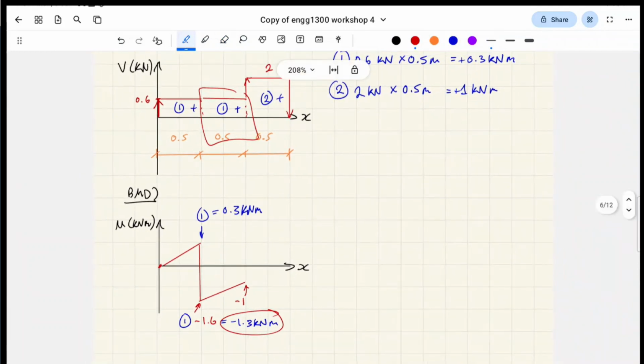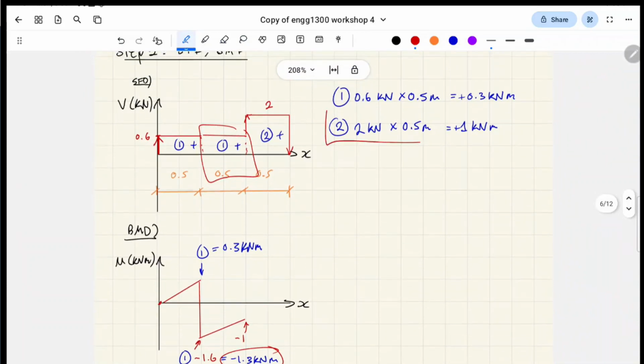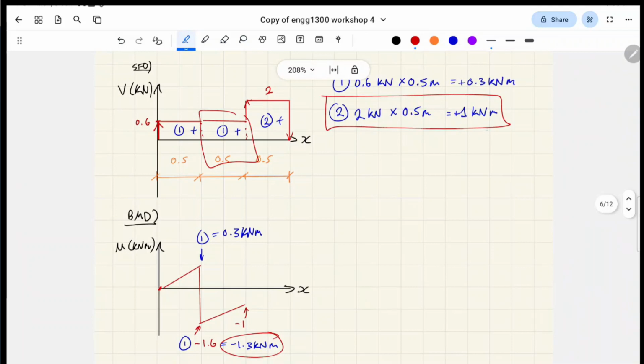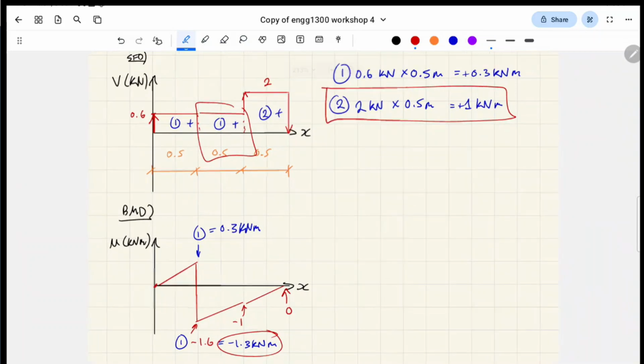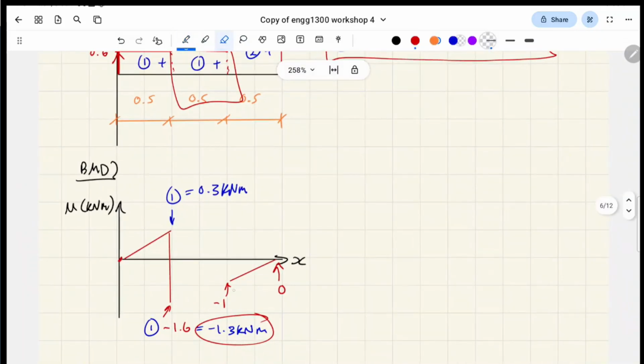And then to close it off, we have to add on shape 2, so it looks like this. That's 0, because shape 2 is 1, so you add another 1 onto negative 1, that's 0. I kind of drew this wrong. It looks a bit more like this.